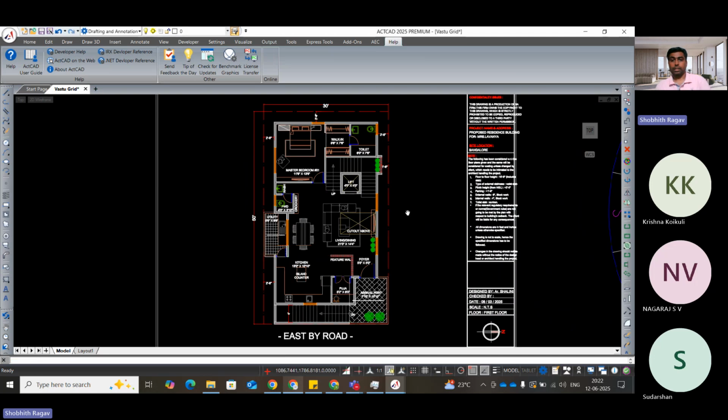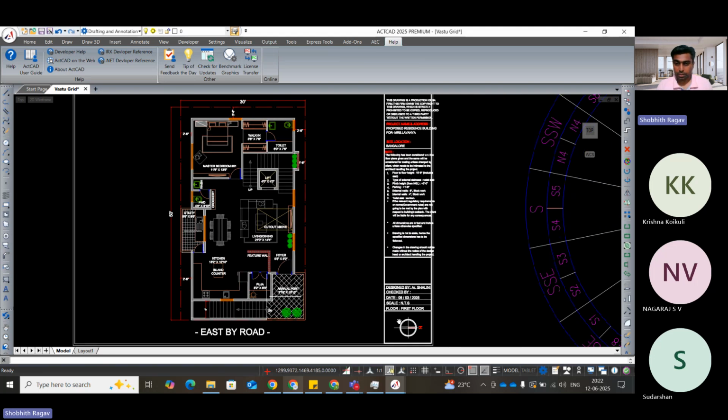So this is a 30 by 40, I think. I don't know the exact size here. Okay, so 30 by 50 plot, a typical rectangle plot.